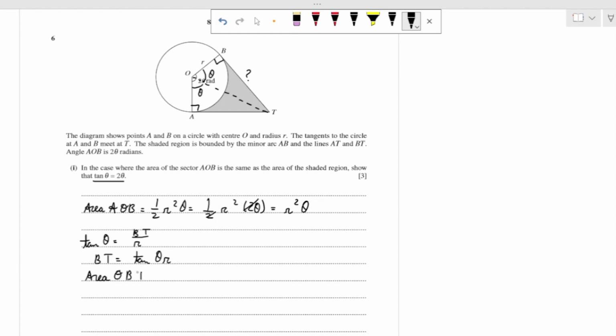First of all, that will be 1 by 2 base into height. In this case, the base was tan theta R, and the height R. Simplifying this, we get tan theta R square over 2.